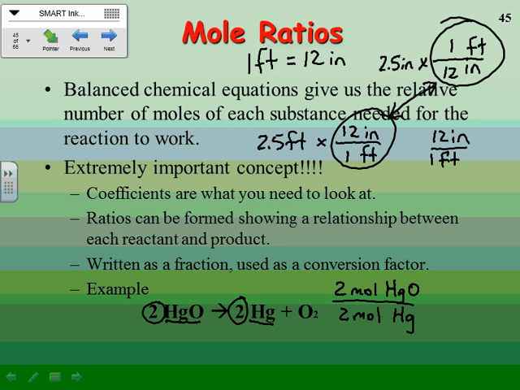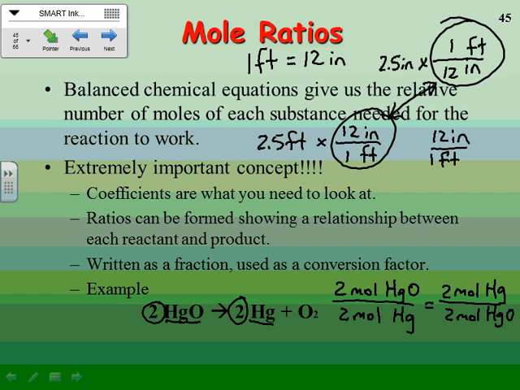Same thing here: 2 moles of HgO over 2 moles of Hg, I might use in one situation, or I might use the 2 moles of Hg over 2 moles of HgO. It's basically the same ratio, but I would use them both in different situations. All right? So that's one of my mole ratios that I could make here.